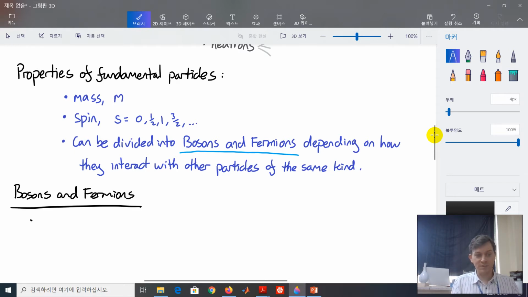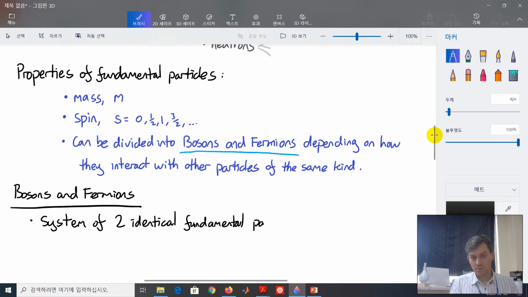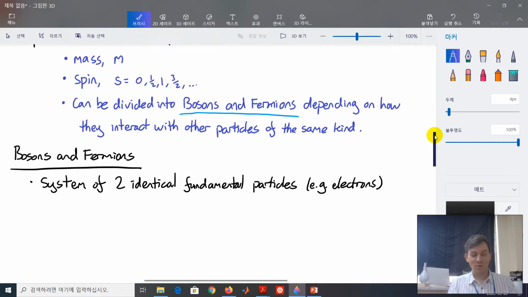Let's suppose that we start with a system of two identical particles. I will take the electrons as my example, because they're the most well known to us at the moment.